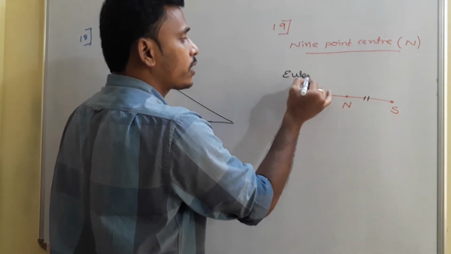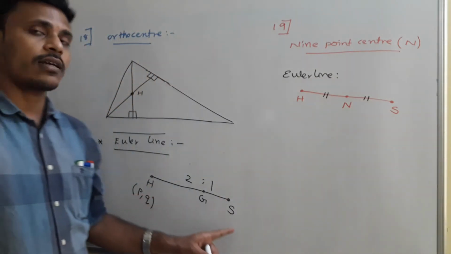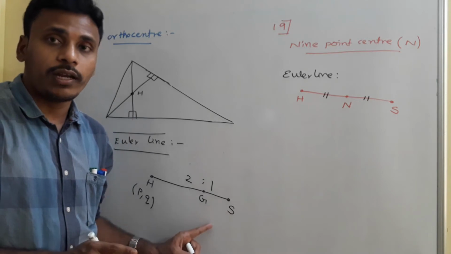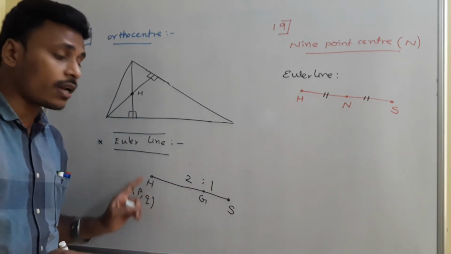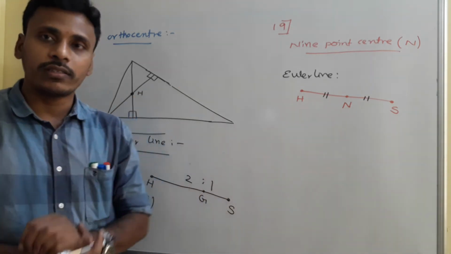So first find the circumcenter, find the centroid, then find the orthocenter. After having the orthocenter and circumcenter, the midpoint of these two is simply the 9-point center.